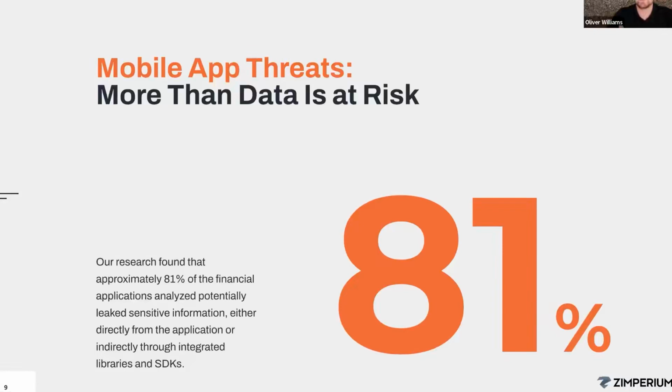That could be through cloud storage solutions, through libraries, through the way the code is implemented, or through SDKs they're importing into solutions. There is an incredibly high number of applications out there, not just in the financial sector. We just picked a vertical to analyze, but this is a trend across all the different verticals.